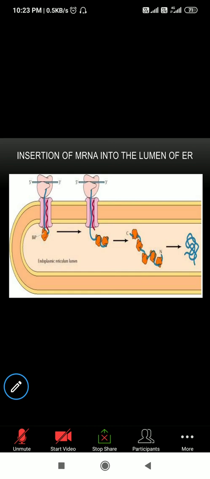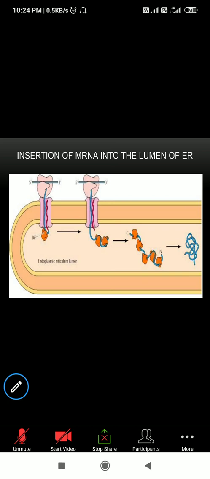Covalent modifications occur across the endoplasmic reticulum membrane or within the lumen of the endoplasmic reticulum. So the first process is the removal of the signal sequence by the signal peptidase. This was the first function.